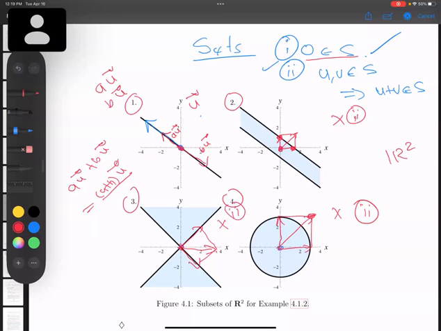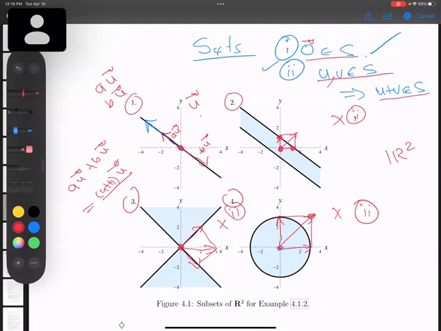In this case, 0 is the vector (0, 0), but we usually just call it 0. Next, we need to check that the sum of two elements of the subset is in the subset.